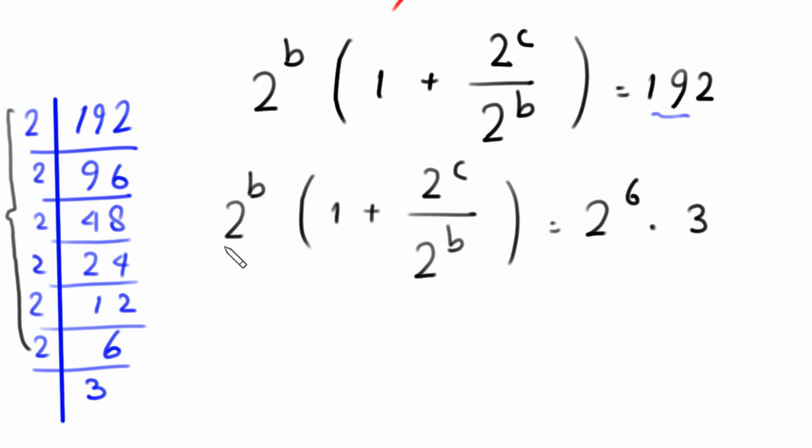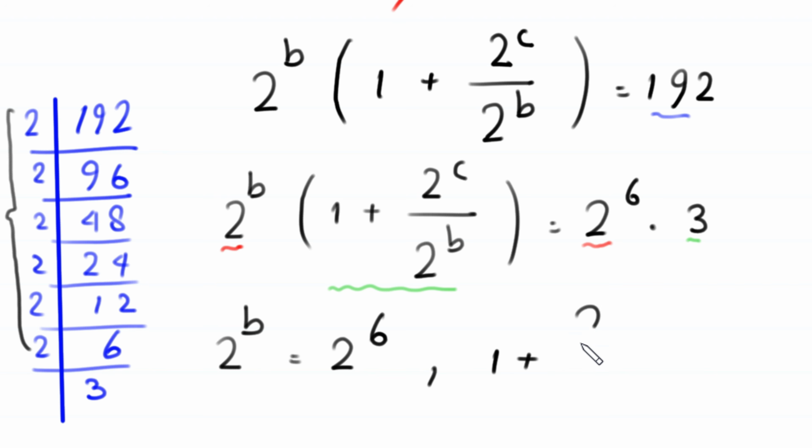Now this 2 to the power b will be equal to 2 to the power 6, and this 1 plus 2 to the power c over 2 to the power b will be equal to 3.